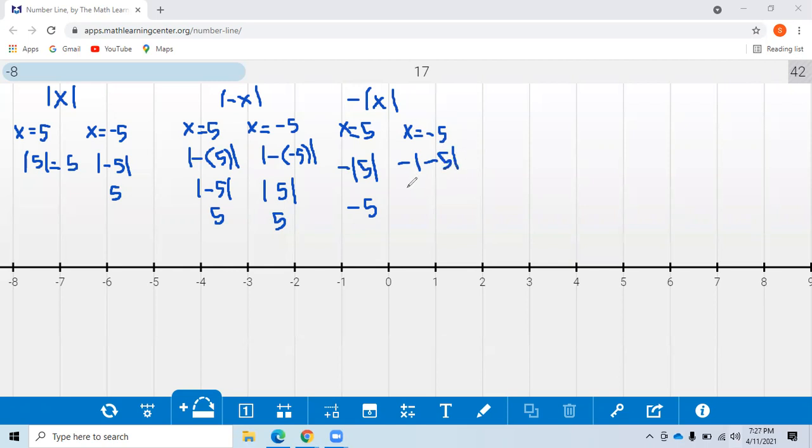Again, the absolute value of negative 5 is 5. And then we apply the negative sign. It's as if we bring it down later, after we have simplified the absolute value part of it first.